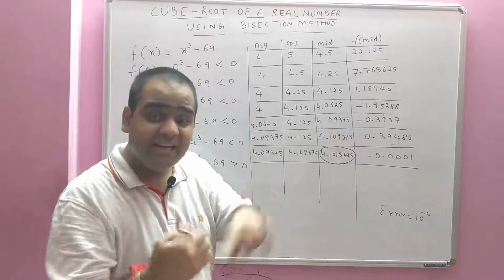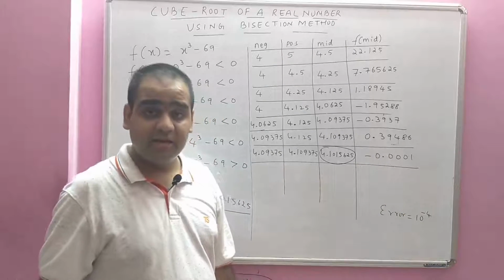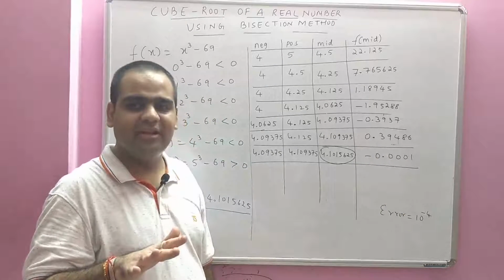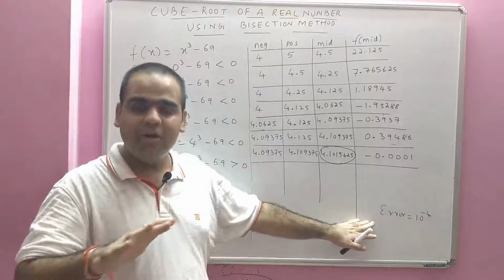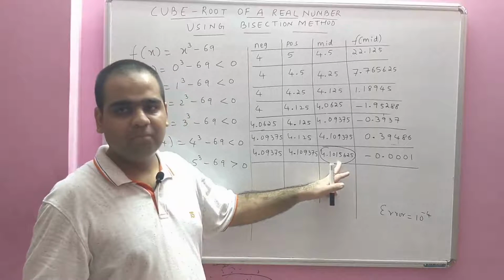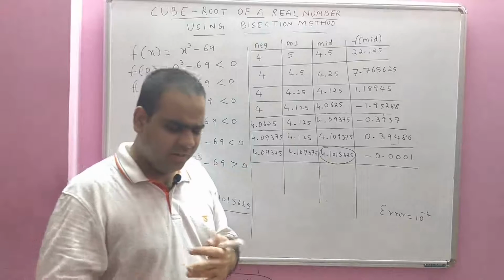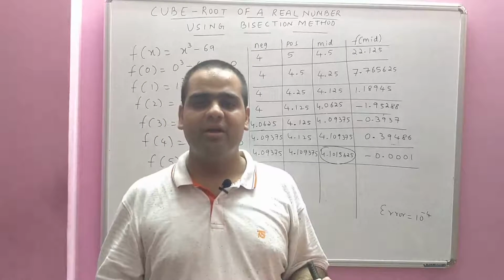At each iteration, we need to check whether f of mid has reached the error range or not. If it is less than or equal to epsilon error, no need to continue. We stop over there, and mid will be the answer. Therefore, this is the perfect case of using the loops, because we have iterations and iterations.